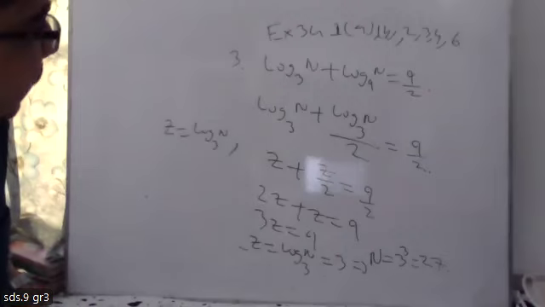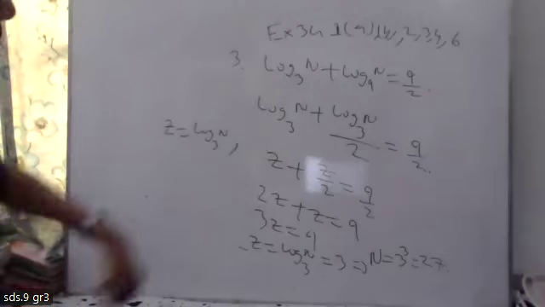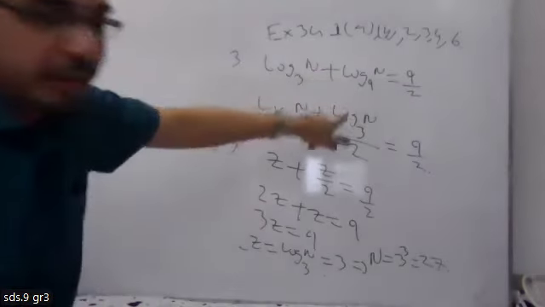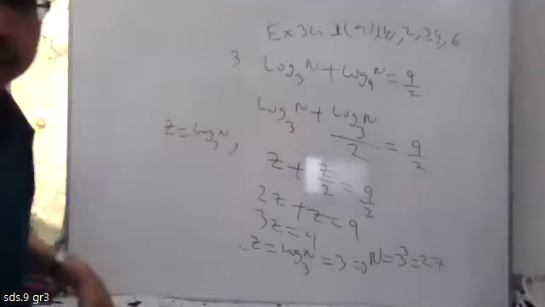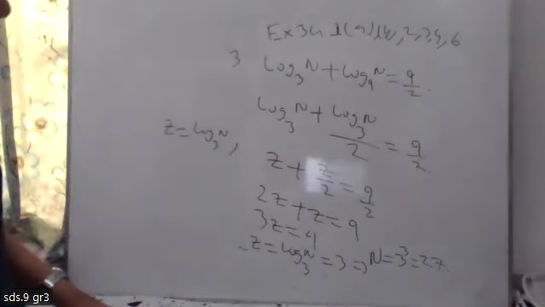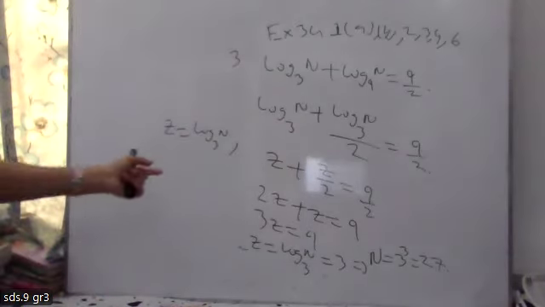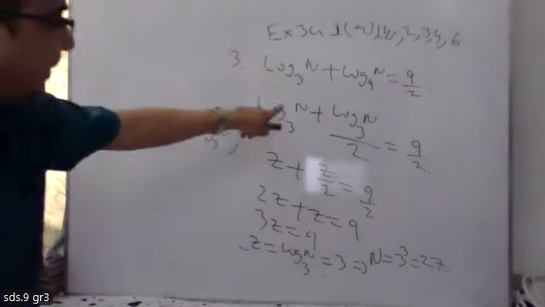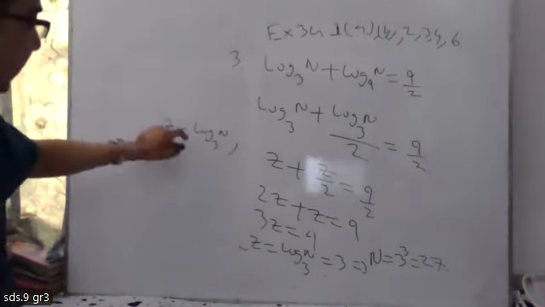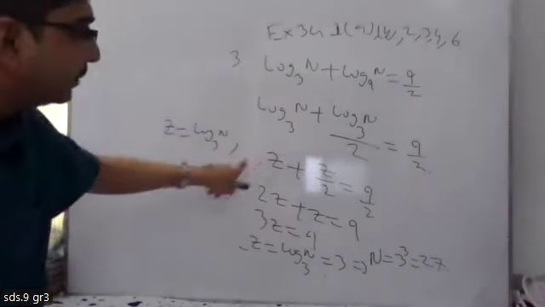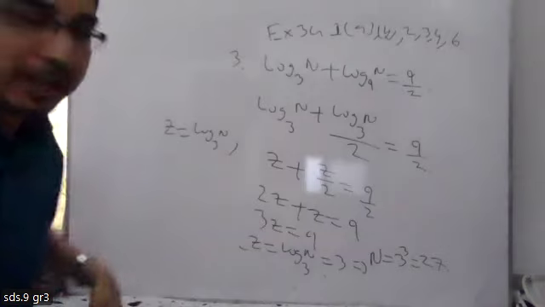Yes, everyone, did you understand this or is there some doubt? Basically, the base 9, I just converted to base 3. Then I just have to find the value of log n base 3. To make it a bit easier, I'm taking log n base 3 as z. So this equation becomes z plus z by 2 is equal to 9 by 2.